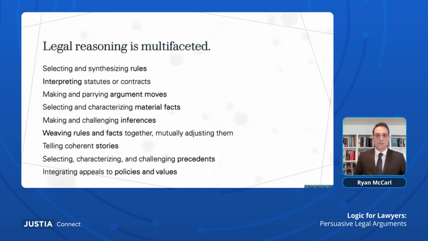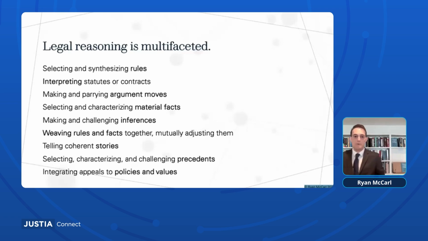But at the same time, this is what lawyers often will be doing: you don't just take the rule and the facts and juxtapose them side by side. You weave them together to show how these facts fit within certain precedent or don't. Telling coherent stories. Some stories are plausible because they accord with our understanding of how human beings normally behave. Some are not.